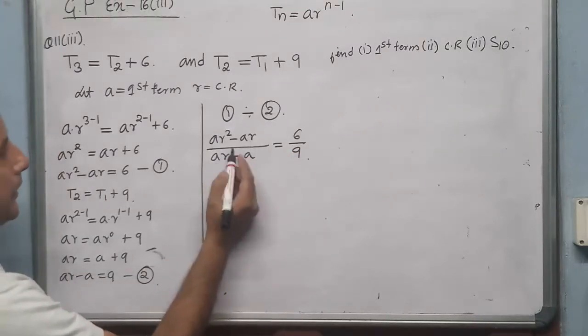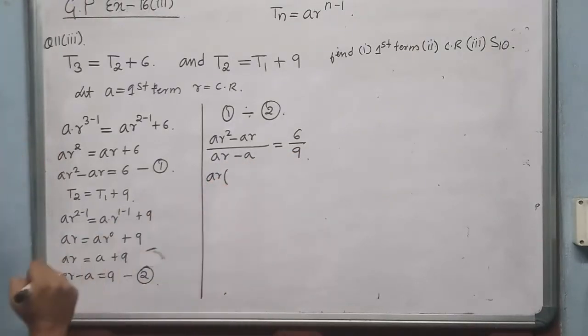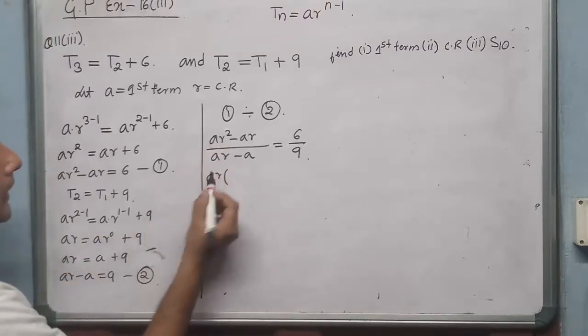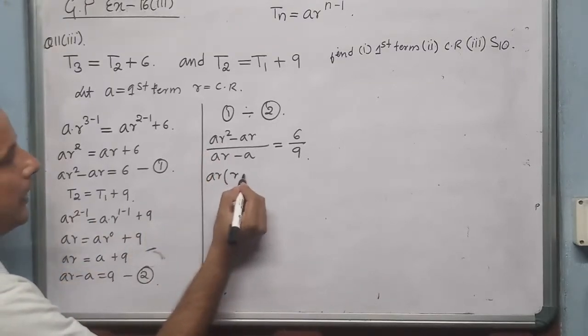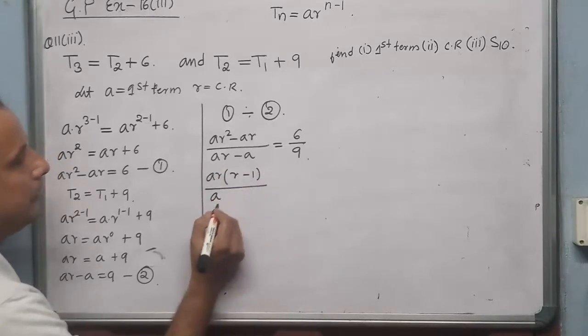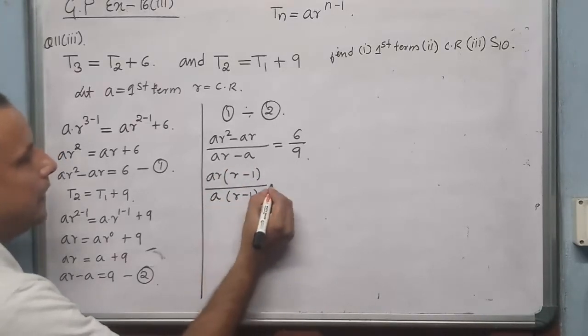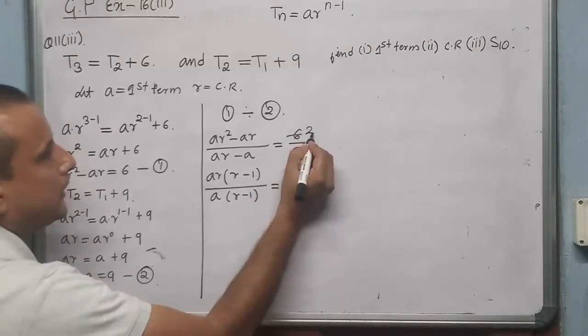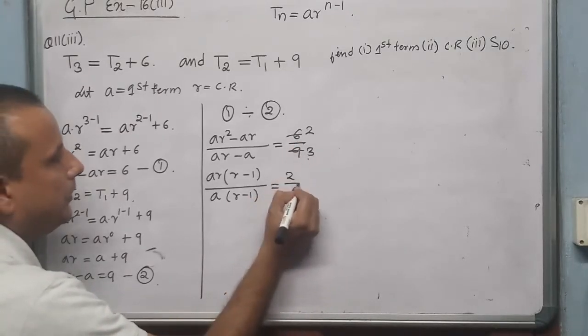Now from the numerator, I'll take A r common. If I take A r common, what remains inside is r minus 1. From the denominator, I'll take A common, it will be r minus 1. Equals 3 2s are 6, 3 3s are 9, it is 2 over 3.